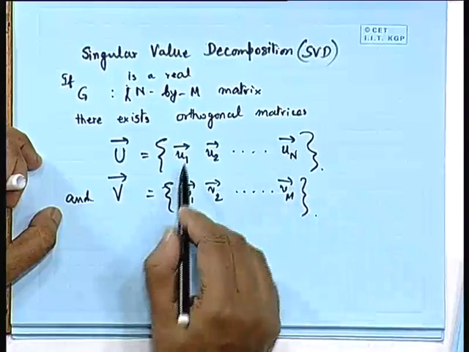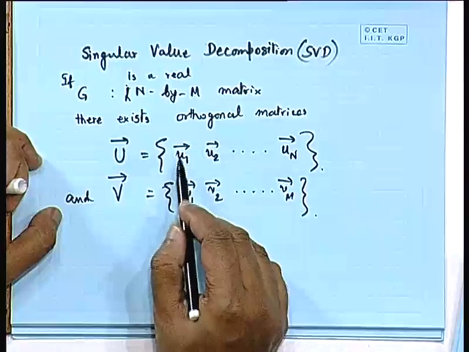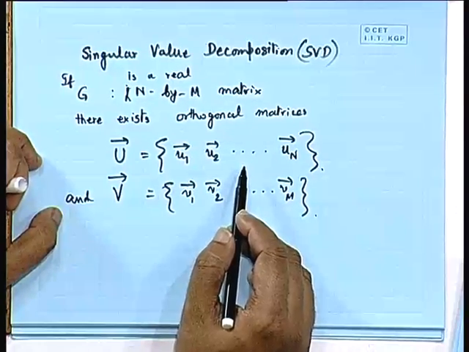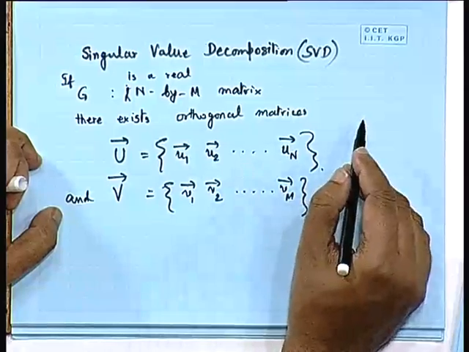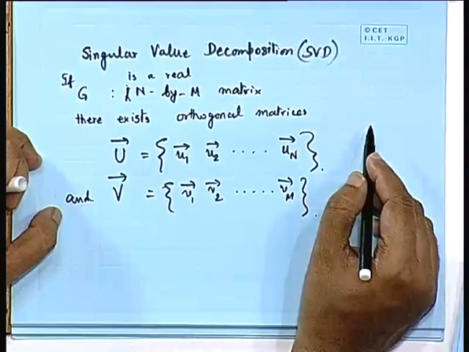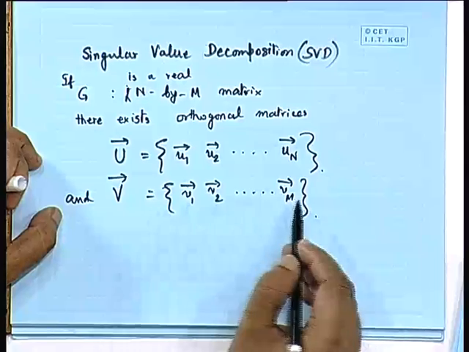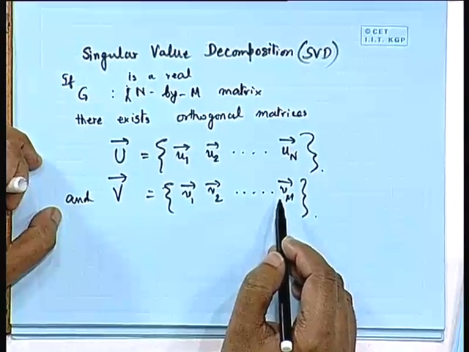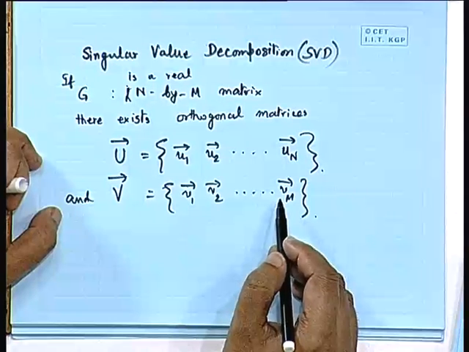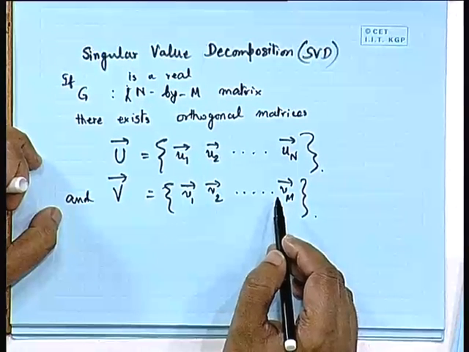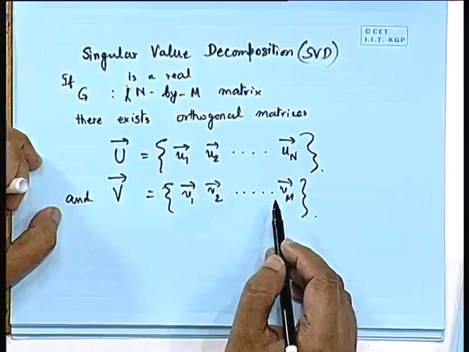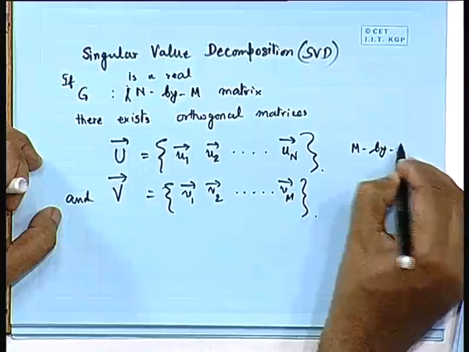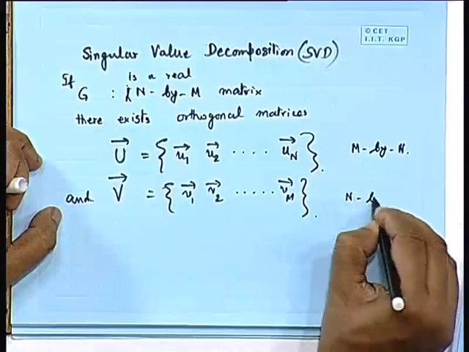All the vectors u1, u2 and so on are of dimensionality m, so U is an m by n matrix, whereas V has m vectors, each of dimensionality n, so V is n by m.